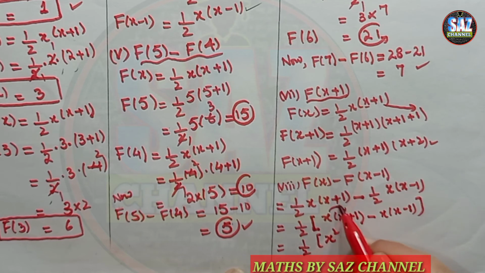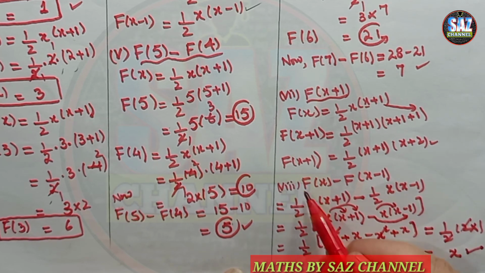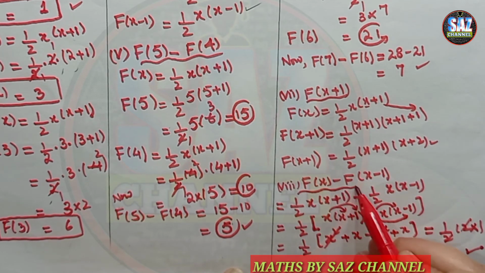Apply distributive property carefully. x square plus x minus x square plus x. Now this x square can go with this x square, and I will be left with 1 by 2 into 2x. This 2 can go with this 2 and x. So the answer for f of x minus f of x minus 1 is x. I hope you are clear about this question.